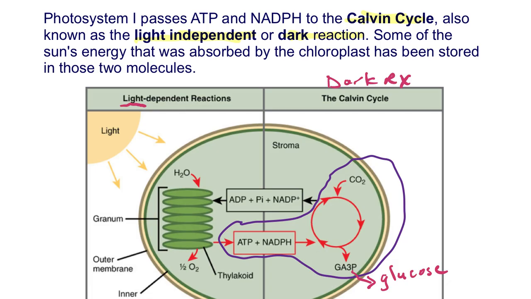So to review, let's go back to this picture. The light reactions happen in the thylakoid membranes, in the granum, inside the chloroplast.